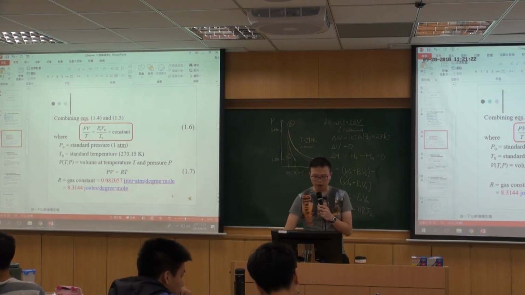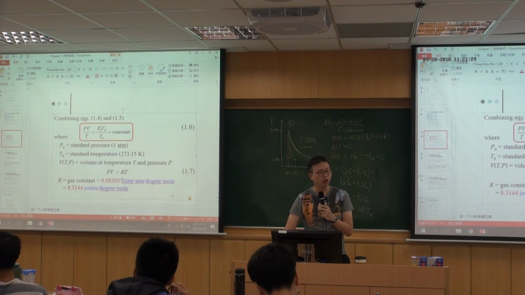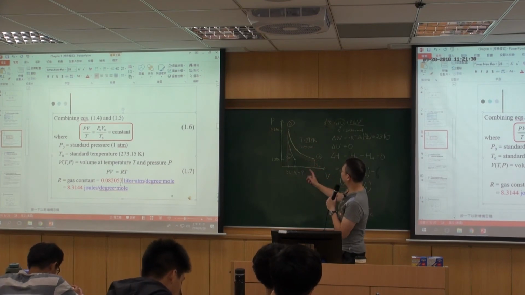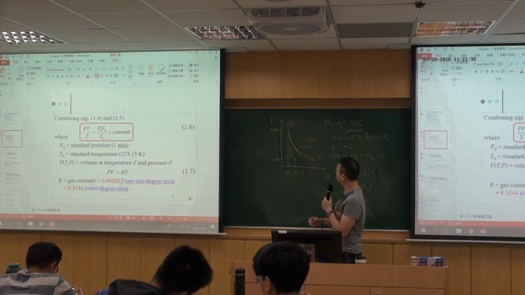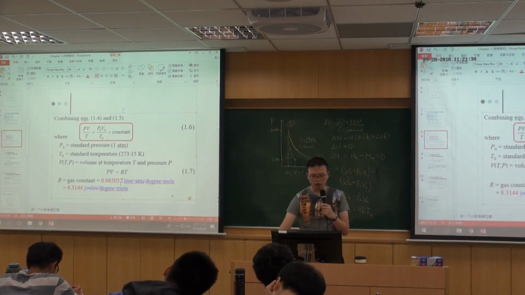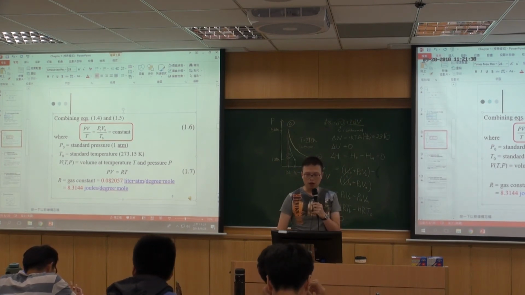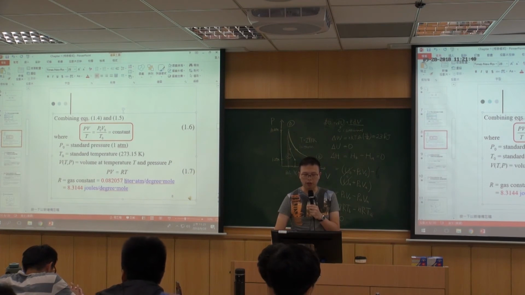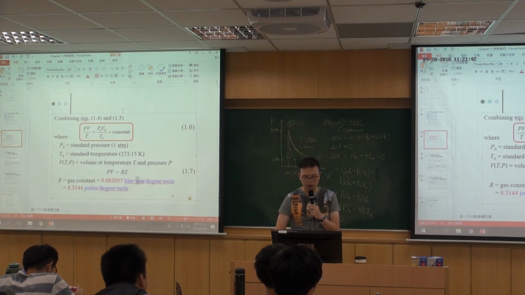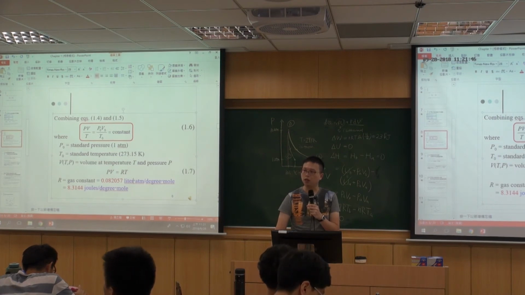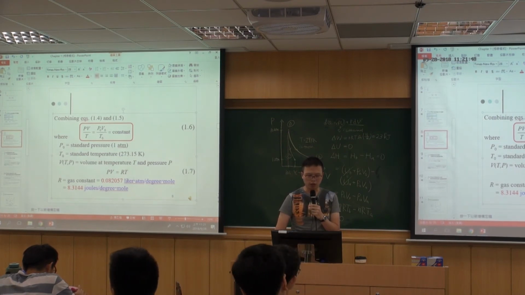The first one is when we calculate the states, the volume and the pressure, for a certain state. We use this one because the information given is pressure in atmospheres and volume in liters. So that's the reason why we use this constant.